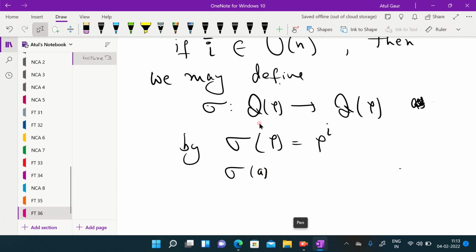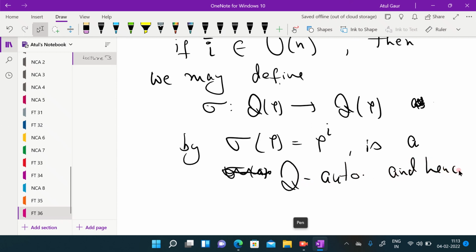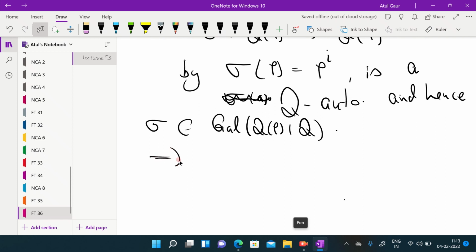There is no need to write that sigma fixes the elements of Q, because every field automorphism has to fix the elements of Q. So sigma will be the required element.